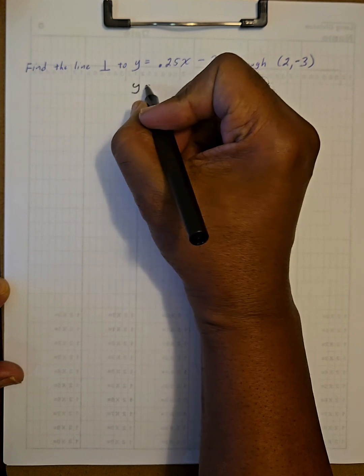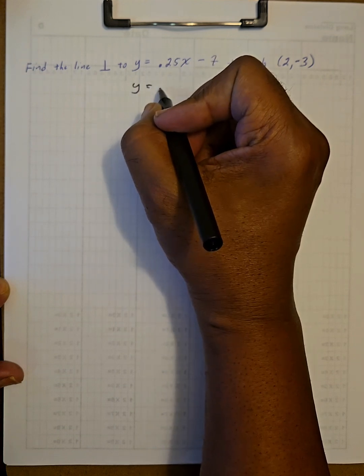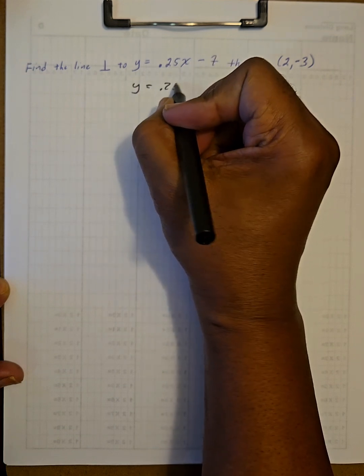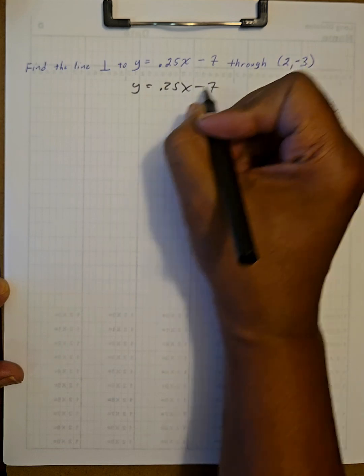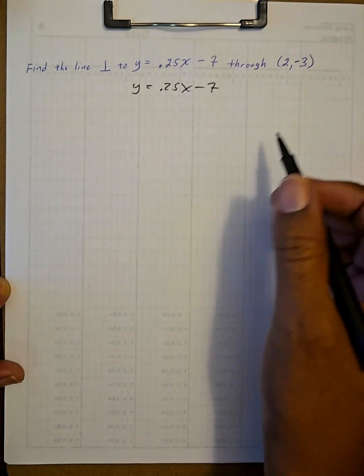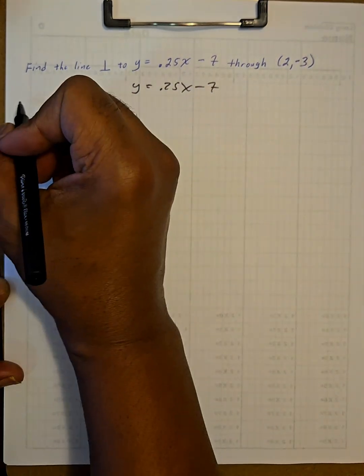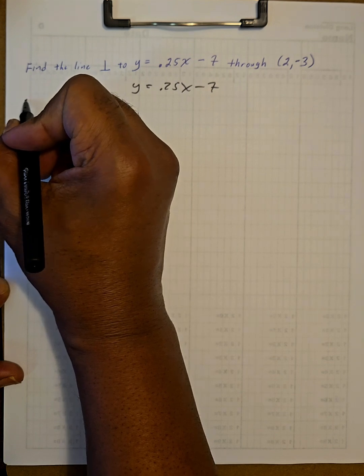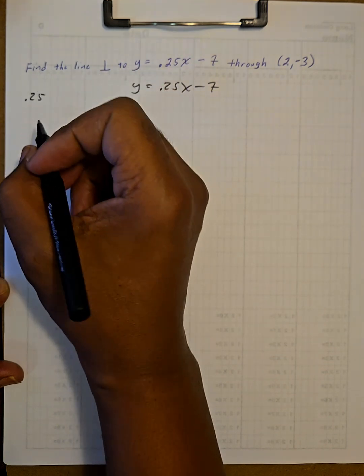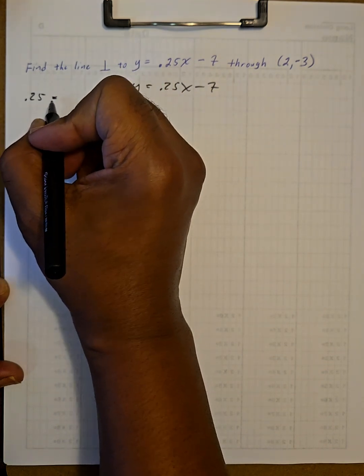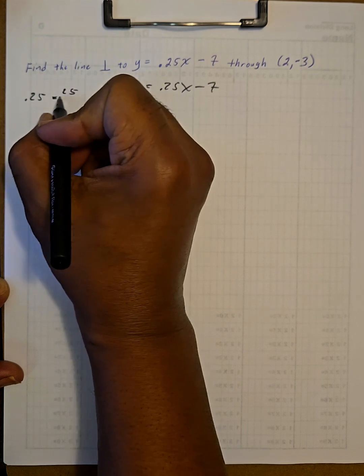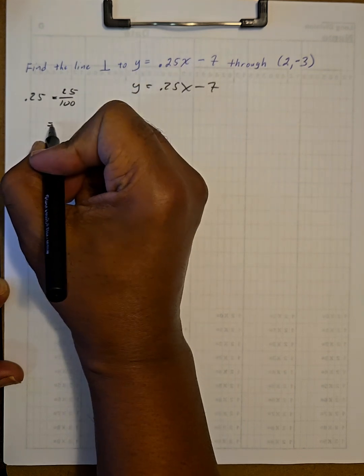Let's rewrite the 0.25x. We're going to change the 0.25 from decimal to fraction. 0.25 would be the same thing as 25 over 100.